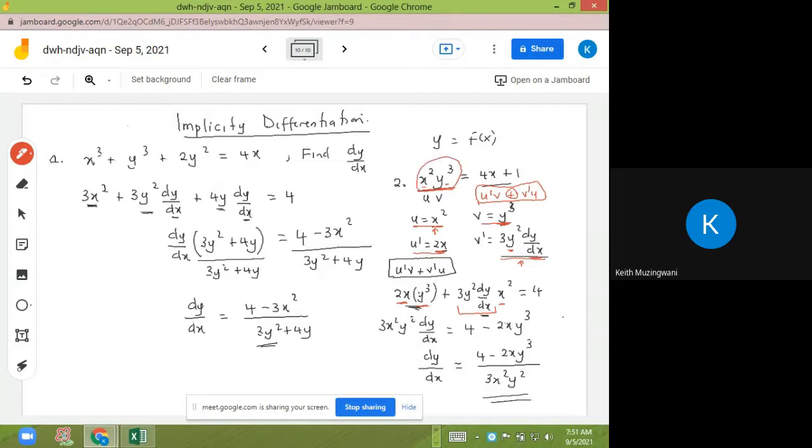We go and differentiate the right hand side, which is 4x plus 1. What's the derivative of 4x? It is 4. The derivative of 1 is 0.